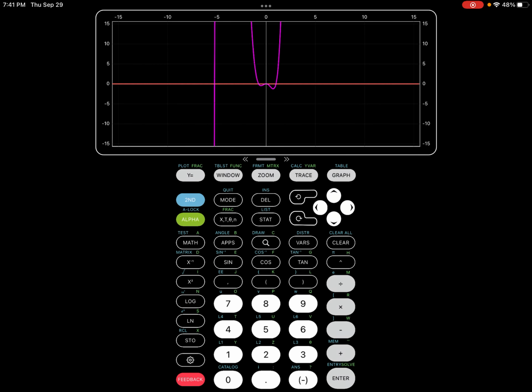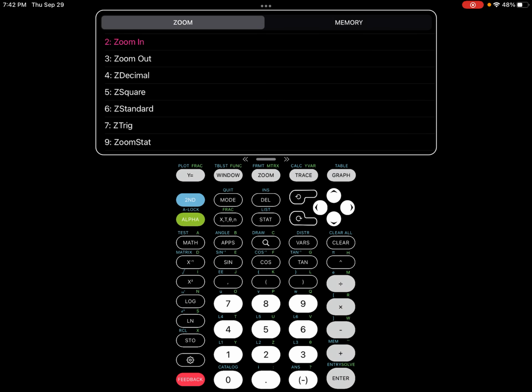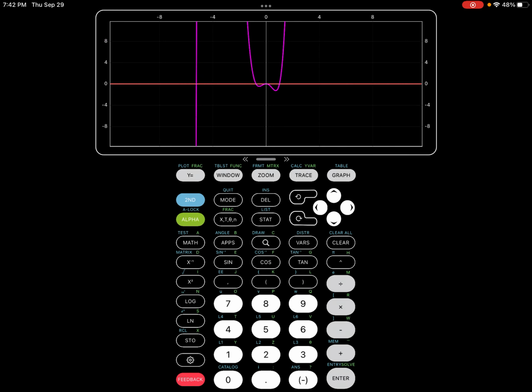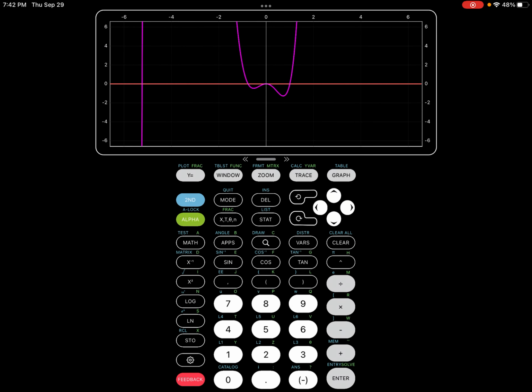Now, the other thing to notice that's going on is that really close at 0, I'm going to zoom in. When you zoom in on your calculators, you have to hit zoom in and then hit enter for it to work. So you see at x equals 0, we have a bounce.